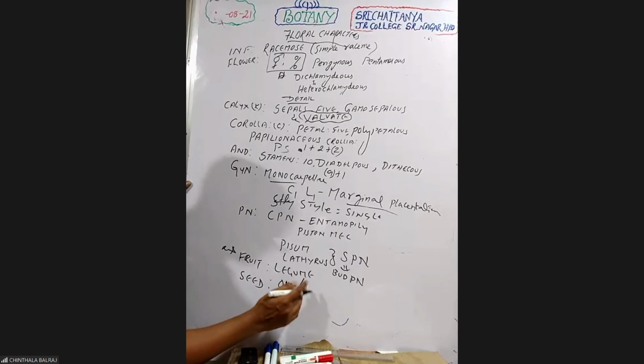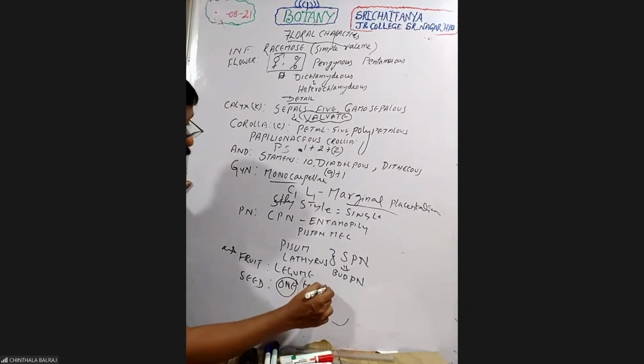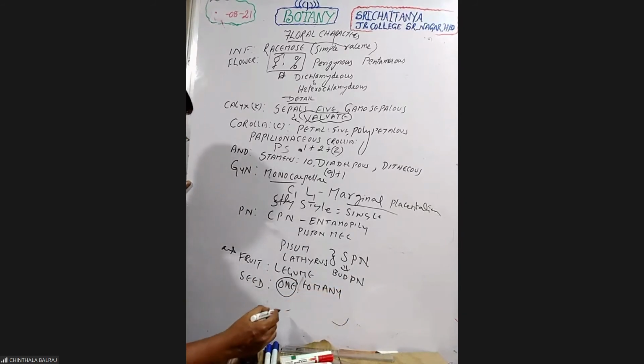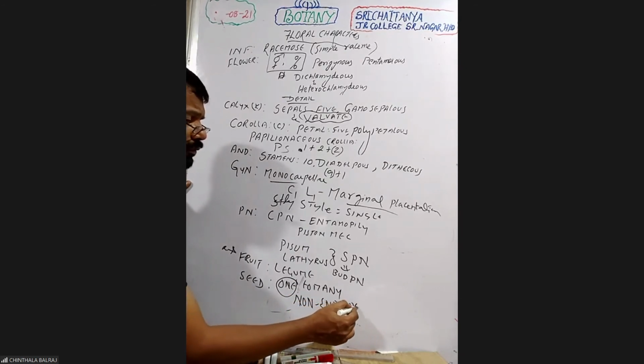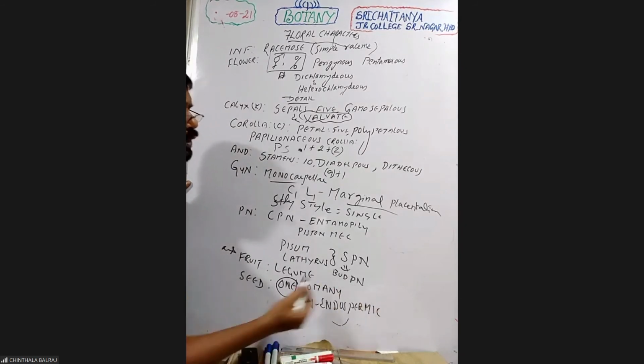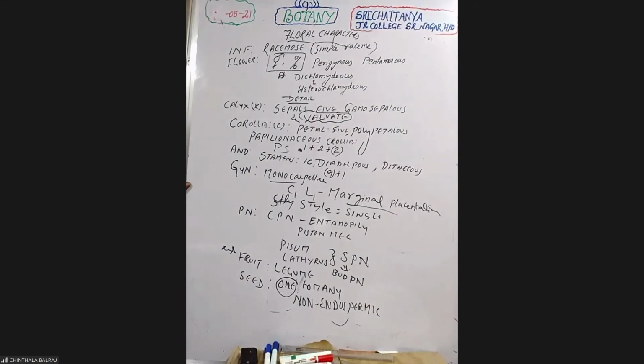One to many. This one is also important. Endospermic or non-endospermic? Non-endospermic, and mostly food is stored in the cotyledons. Okay?